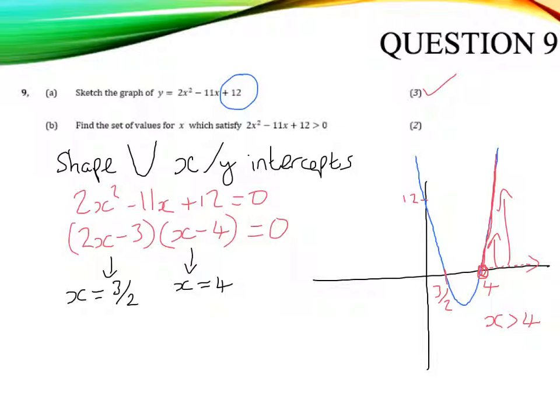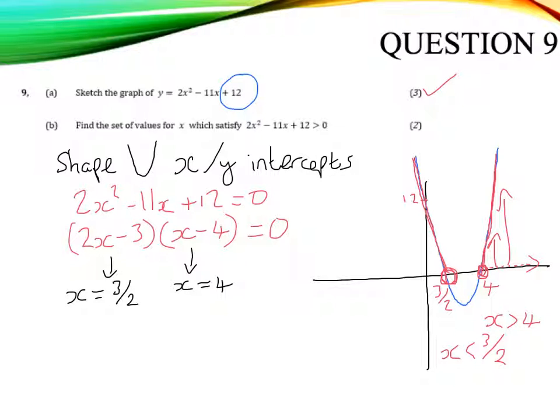The other area where I can get values that are greater than 0 is here, and this is when x is less than 3 over 2. And notice that it's not less than or equal to 3 over 2, it's strictly less than and strictly greater than 4.